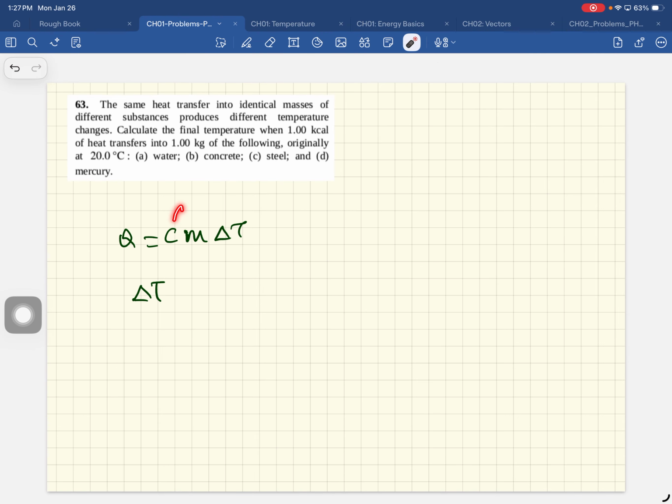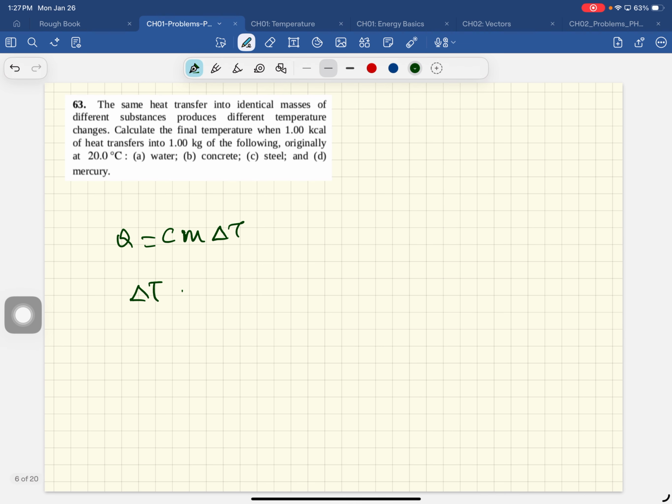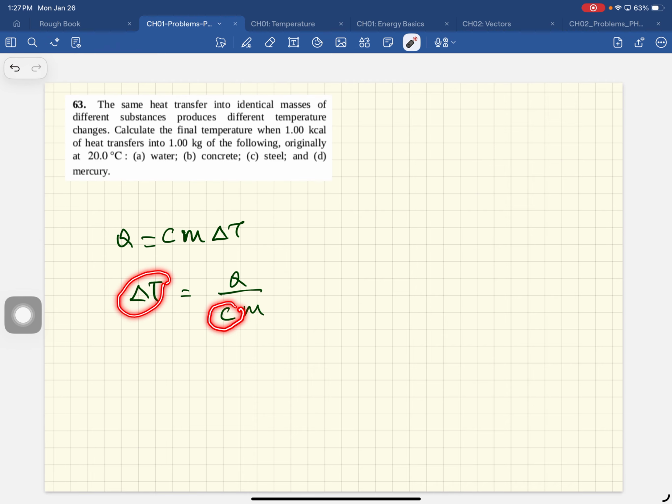So the amount of heat is 1 kilocalorie, 4.186 kilojoules. Yeah. And the specific heat is 4.186 kilojoules per kg per Kelvin. And the mass is 1 kg. Okay, so the temperature rise would be 1 Kelvin for water. If you put that much heat, 1 Kelvin is a 1 degree Celsius rise in temperature.